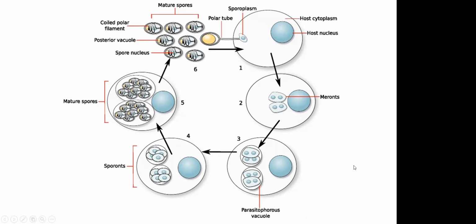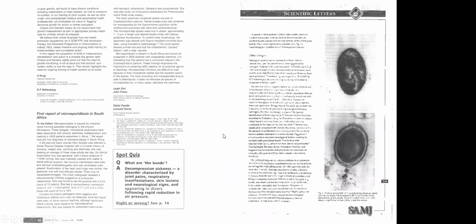So when did we first start finding Microsporidia in this country? We published the first case from South Africa in 1998. This was a patient at Sizwe Hospital. Some of you might remember Stella Pendle and Leonard Sachs.